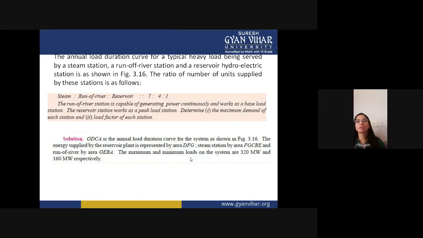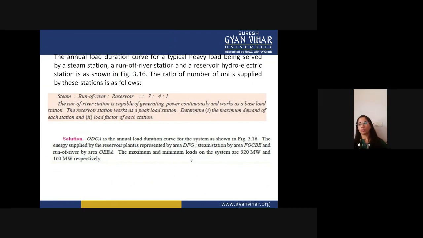The steam, runoff river and reservoir ratio is given. The runoff river station is capable of generating power continuously and works as a base load station. The reservoir station works as a peak load station. Determine the maximum demand of each station and load factor of each station.